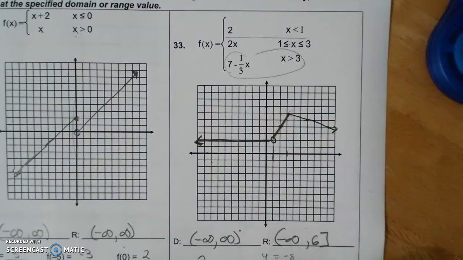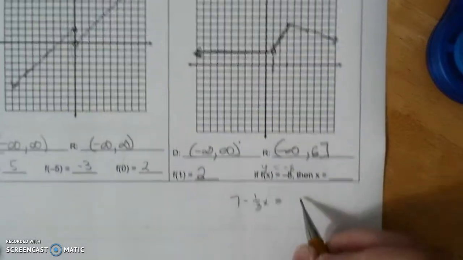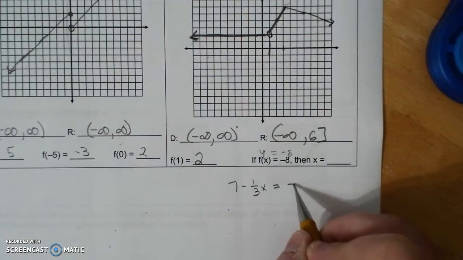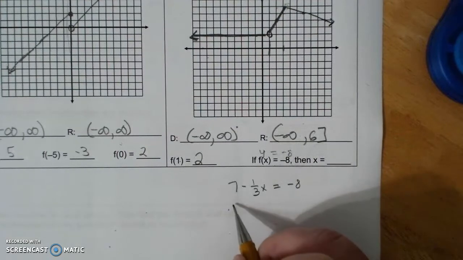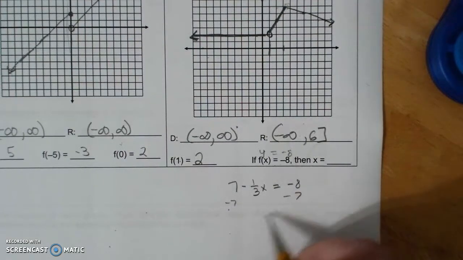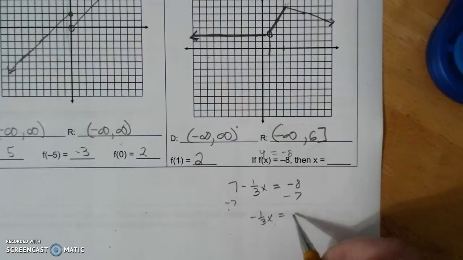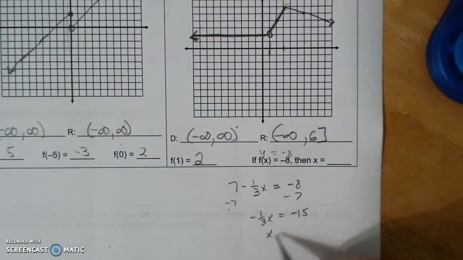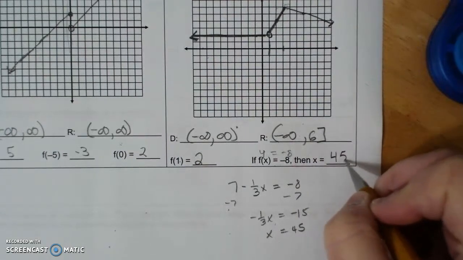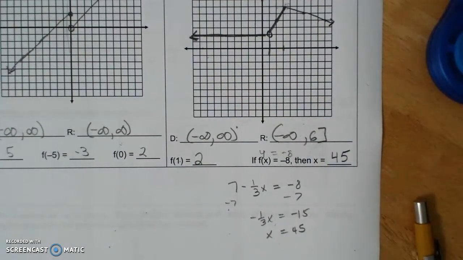So 7 minus 1/3 x equals negative 8. Subtract 7: negative 1/3 x equals negative 15. Multiply by 3, x equals 45. That is your page of your review.